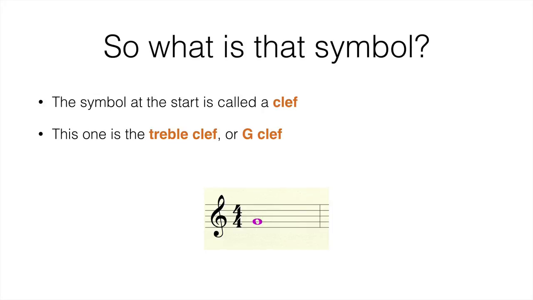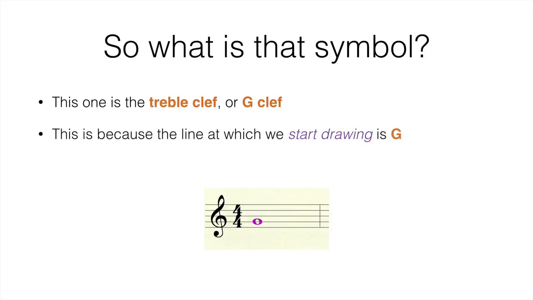If you remember the previous slide, the note on the second line is G, and this symbol is called the treble clef, or G clef, because we start drawing it around that second line.